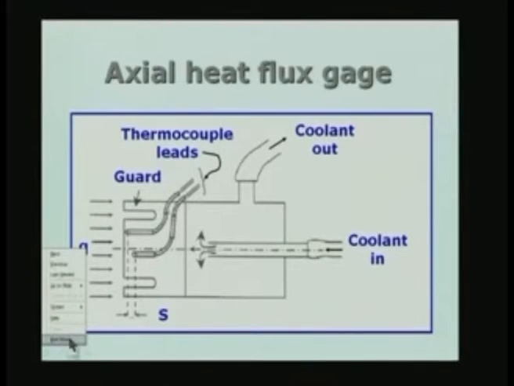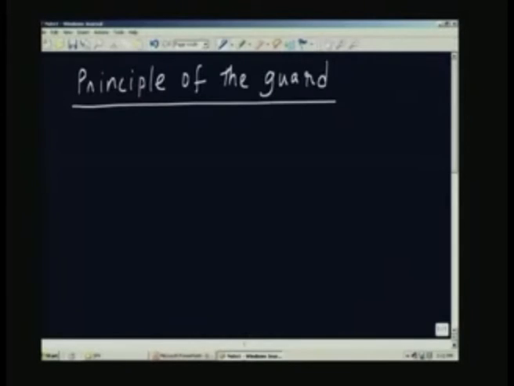So, let us look at the board. I want to explain the principle of the guard. The idea of the guard is to obtain a one dimensional, 1D temperature field.